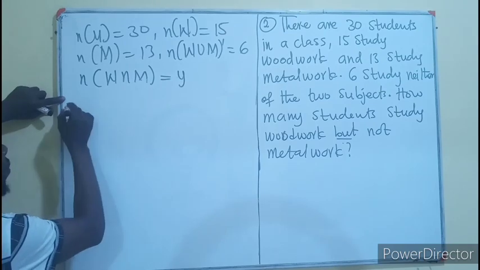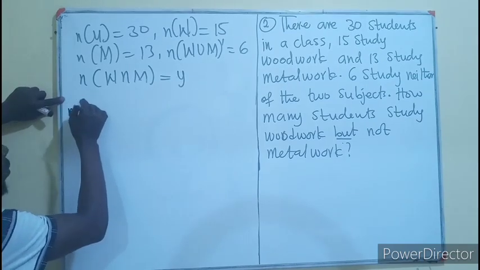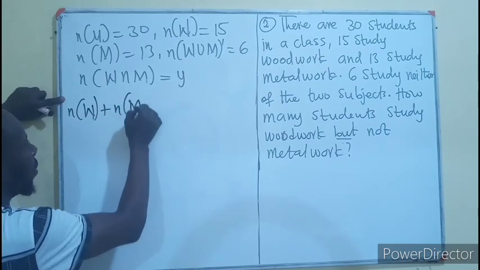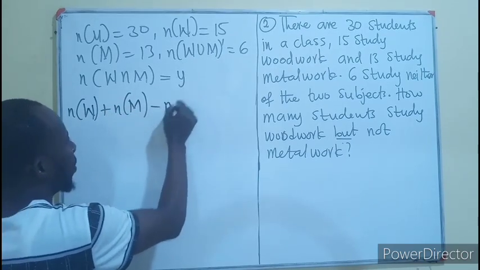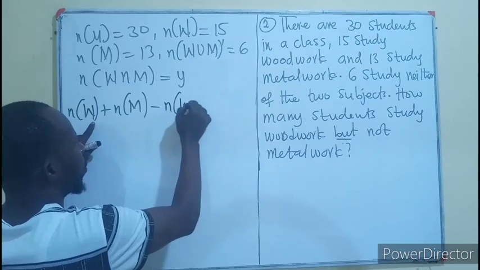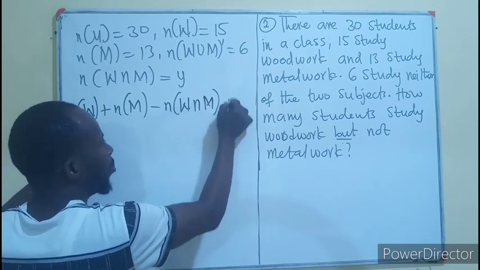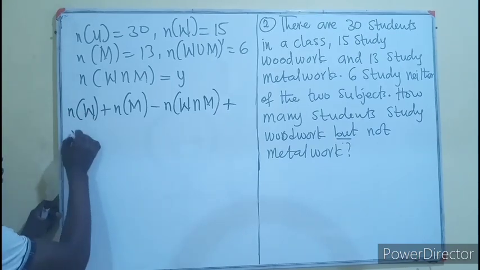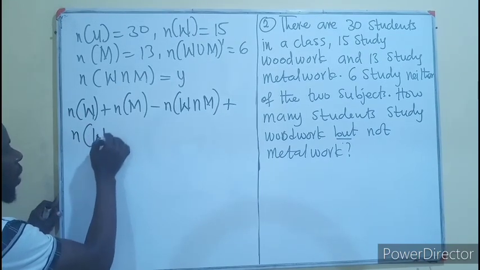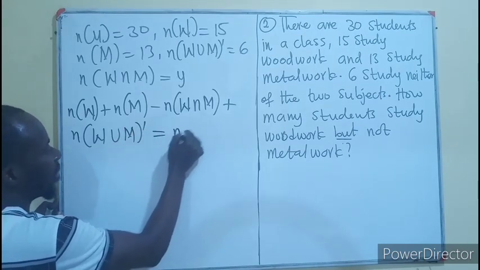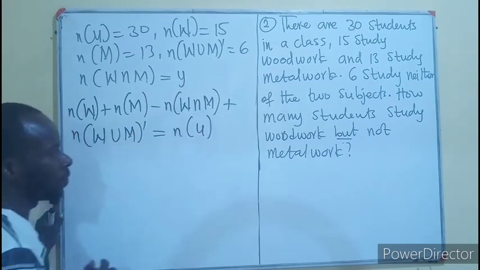For the formula, we know the number of woodwork plus the number of metalwork minus the intersection of woodwork and metalwork, plus the complement of woodwork union metalwork, will give us the number of the universal set.